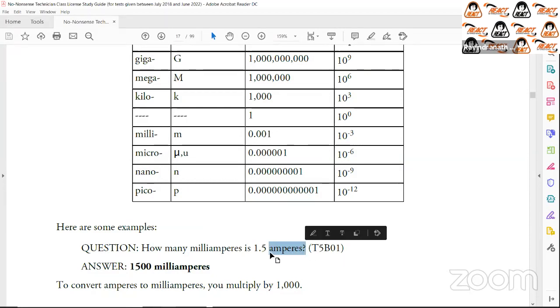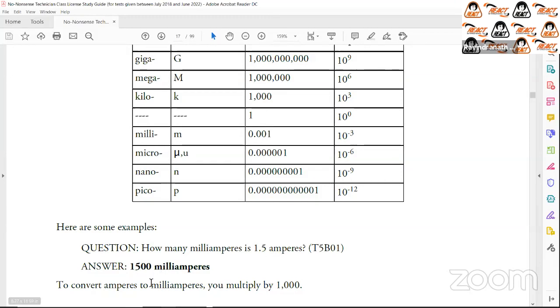So if we need to find out how many milliamperes, we need to multiply by 1,000. Why do we multiply by 1,000? Because 1 ampere is 1,000 milliamperes.